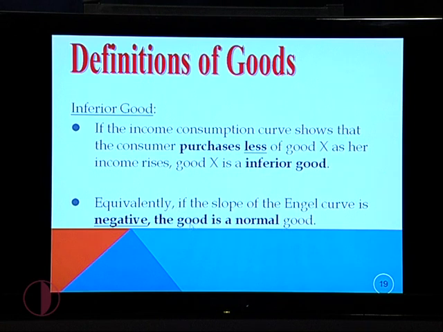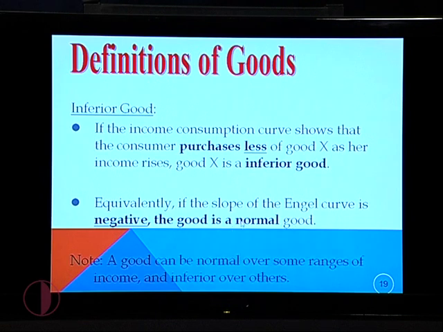This is then of course the negative, as the normal good is realized. A good can be normal over some ranges of income and inferior over others. Therefore, the Engel curve is negative.